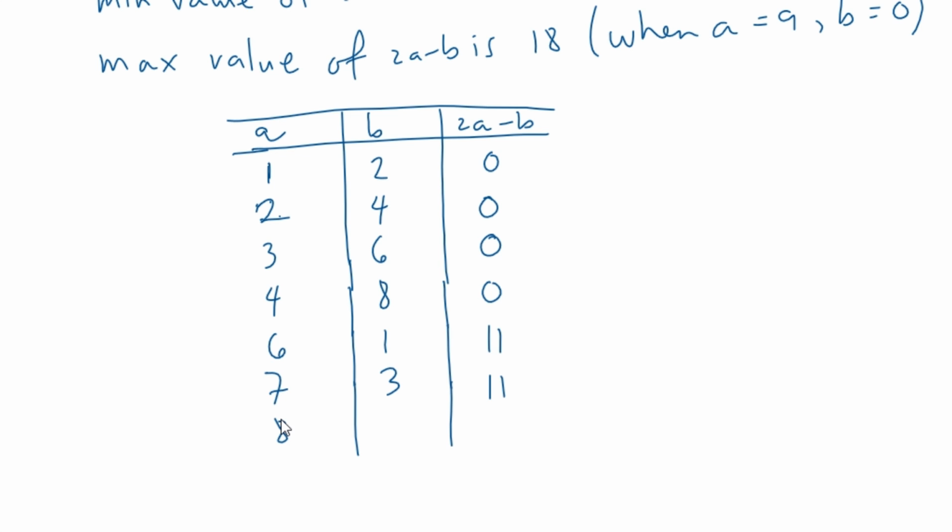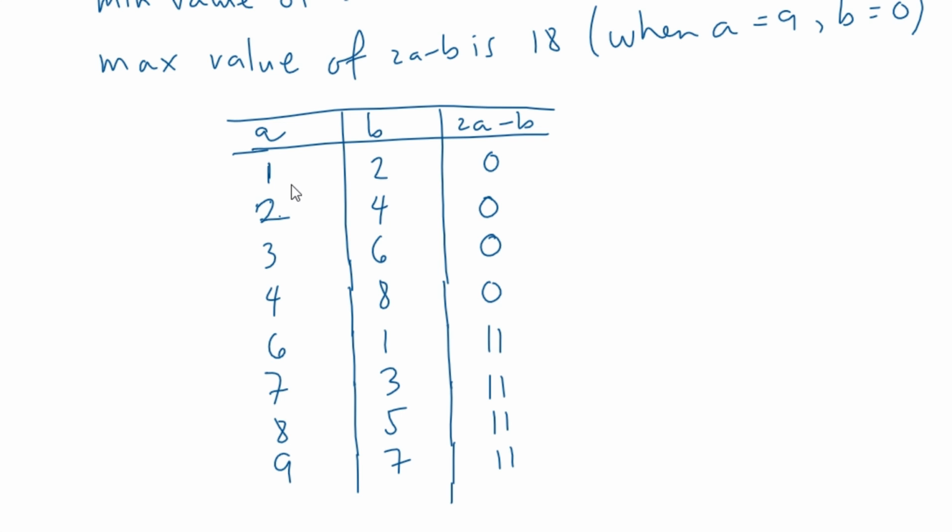So B must be 5, so that 2A minus B is 11. Can we have A equals 9? If A equals 9, 2A is 18. So B must be 7, so that 2A minus B is 11.